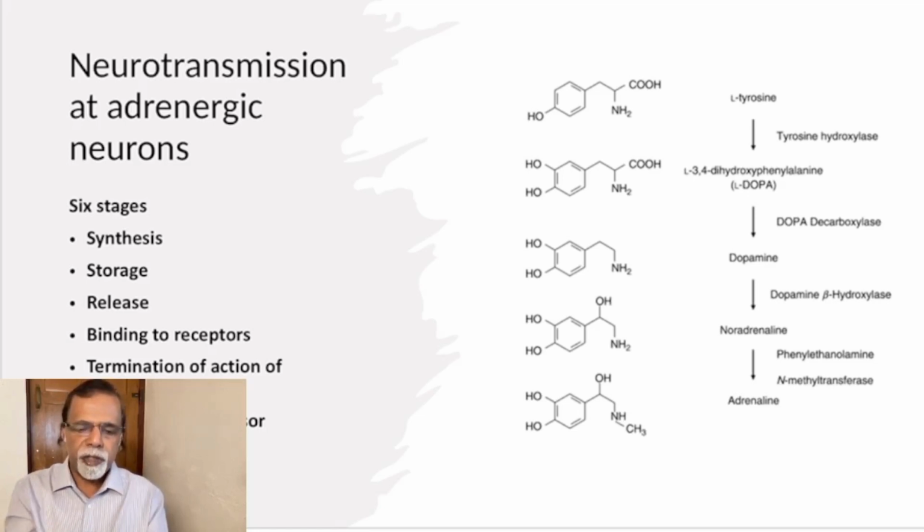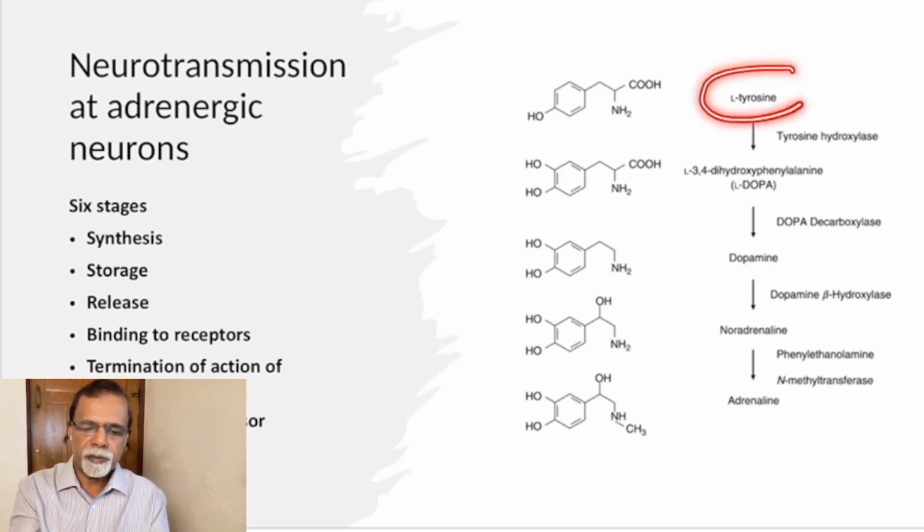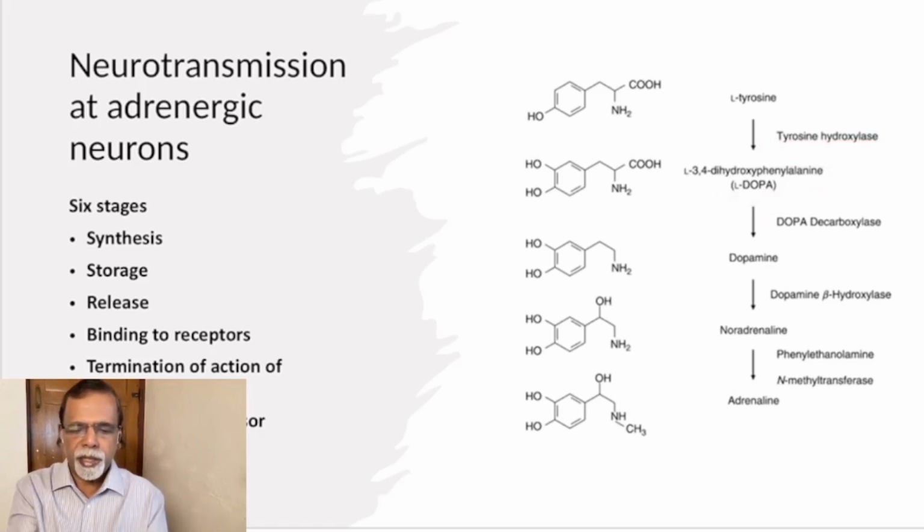Let us see from where the neurotransmitter is produced. It is from L-tyrosine. Tyrosine is acted upon by tyrosine hydroxylase, which produces L-dopa, that is dihydroxyphenylalanine.